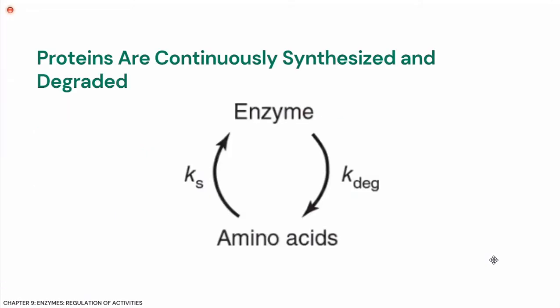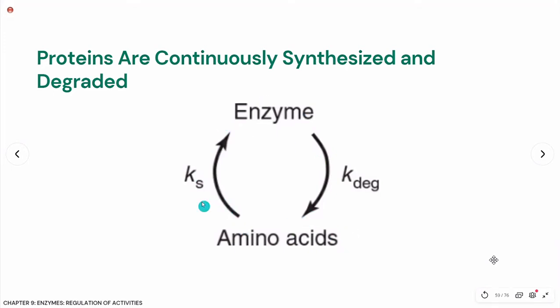Proteins are continuously synthesized and degraded. Most of the enzymes are formed from amino acids to become a protein molecule. And then this is degraded and becomes amino acids again, and amino acids are utilized again to become enzymes.